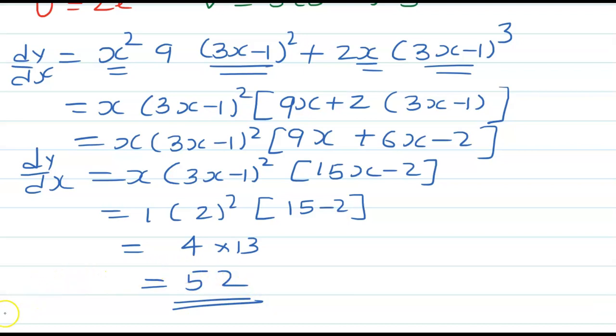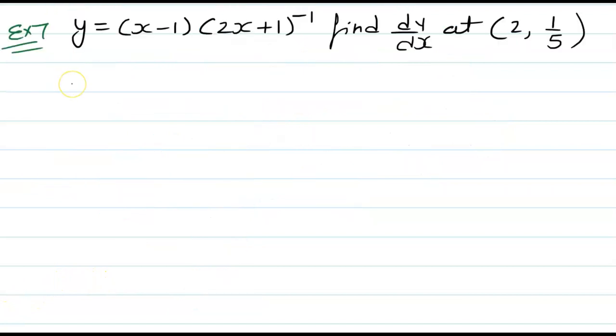Now let's go for another question. This is our question, y equals (x minus 1) times (2x plus 1) to the power minus 1, and you need to find dy by dx at (2, 1/5). So these are the values. Our starting will remain the same. What we keep on doing, u is x minus 1, u dash will be 1 because the differentiation of x is 1.